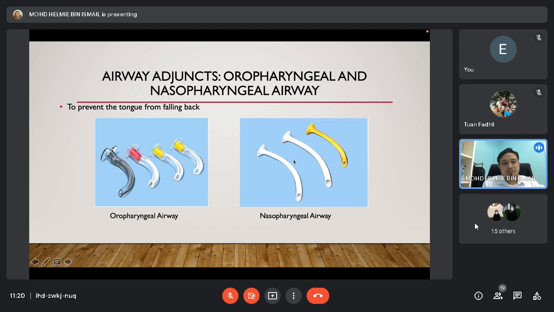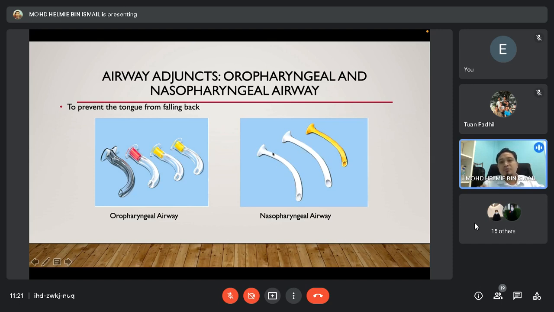How to measure the correct size is you use the patient's little finger. You measure side to side. If it is about the same size, similar, you can use that nasopharyngeal airway. Or you can just measure the patient's nostril, how big the nostril is. So the length doesn't affect the size. You don't need to measure from incisor to the mandible or anything.